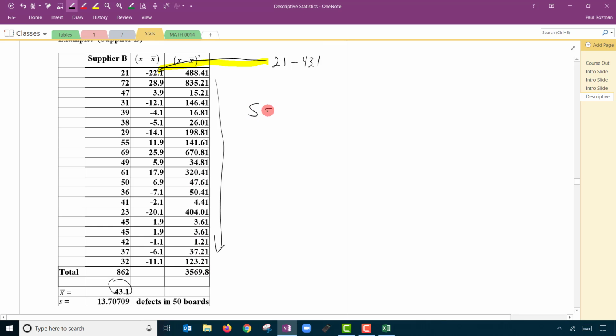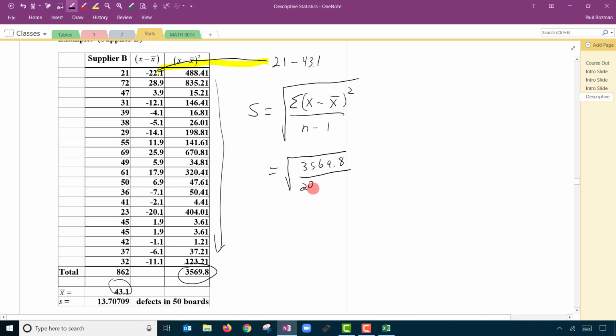Remember, the standard deviation is the square root of the sum of (x minus x bar) squared over n minus 1. Remember, this is sample data because this isn't all the possible boards that supplier B is ever going to have. So in this rather crude calculation here, basically I found this sum right here, which is 3569.8, and then divided it by n minus 1, so 20.